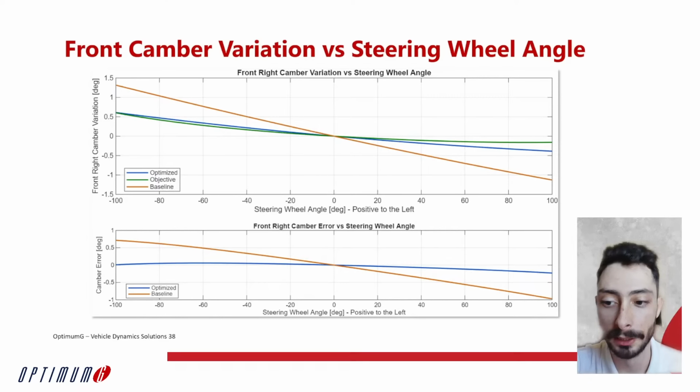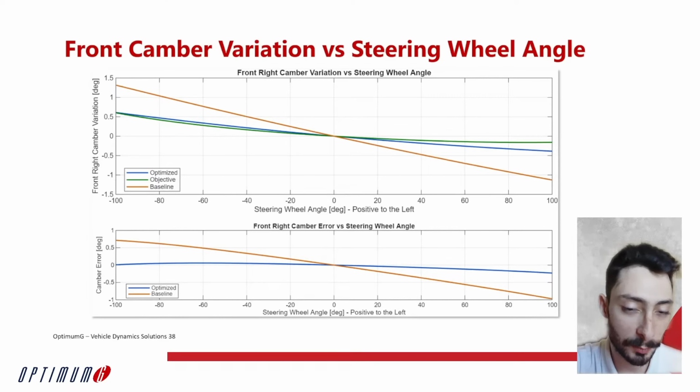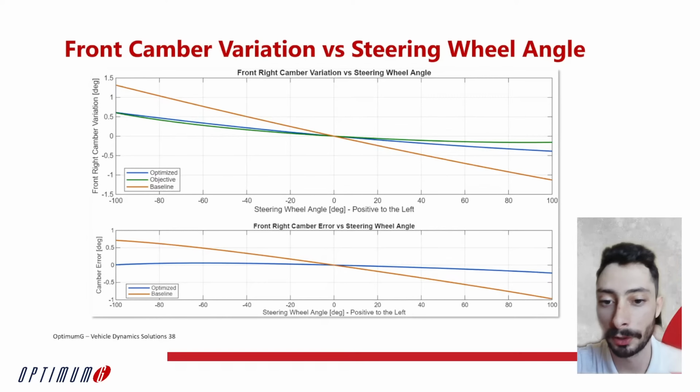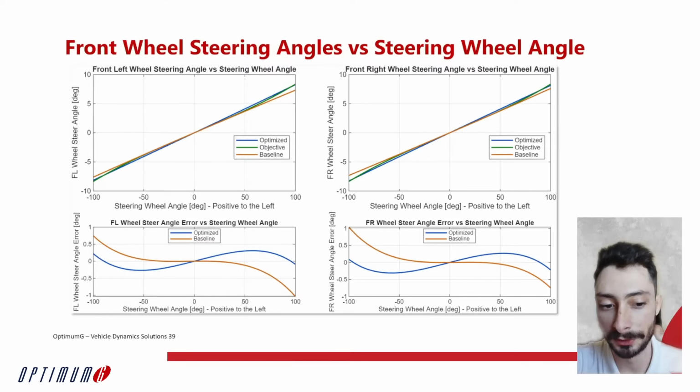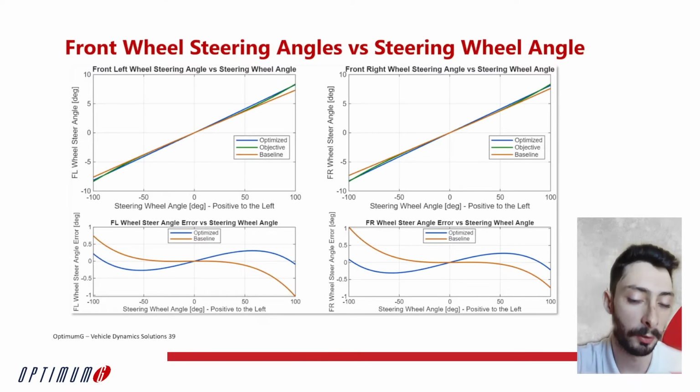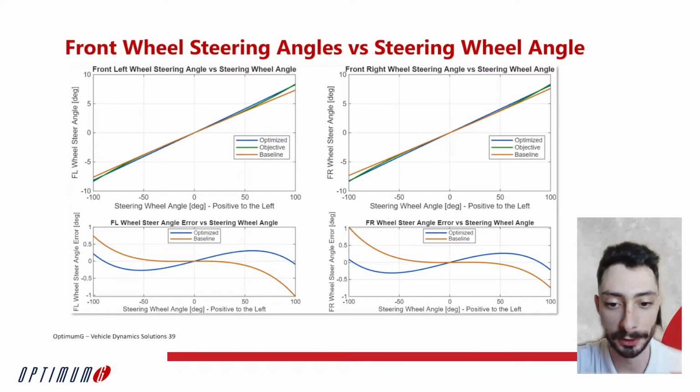We can see that OptimumKinematics is able to get to the target that we got from the skid pad optimization a lot closer than the baseline suspension. And also the same goes for the steer angles of each of the two wheels versus the steering wheel angle, which of course will be a consequence of both the steer ratio and the Ackermann percentage as well.